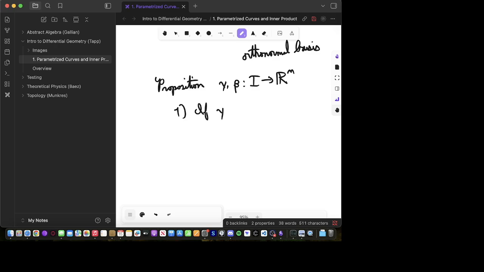If gamma has a constant norm, so let's say the norm of gamma(t) equals c, then gamma'(t), its derivative, is orthogonal to gamma(t) for all t in the interval. And you might be wondering, how is this possible? Let's prove it.